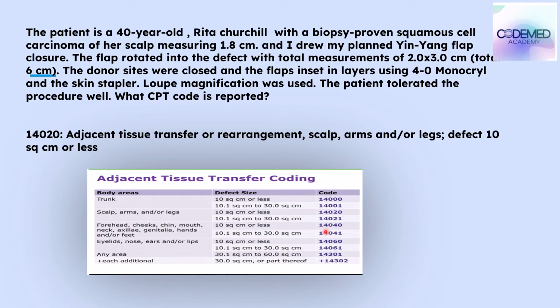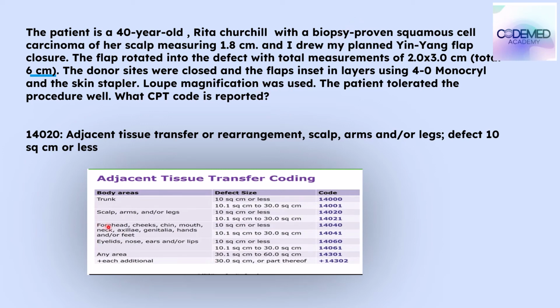Now here the answer will be 14020 in this case, because 2 into 3 is equal to 6 centimeter is the measurement of the flap, and the defect is 1.8 centimeter. So if we use the CPT language, the 1.8 centimeter is the primary defect and 6 centimeter is the secondary defect, and we add both defects together, that becomes 7.8, and the area is scalp.